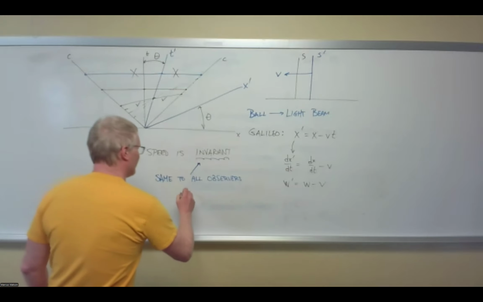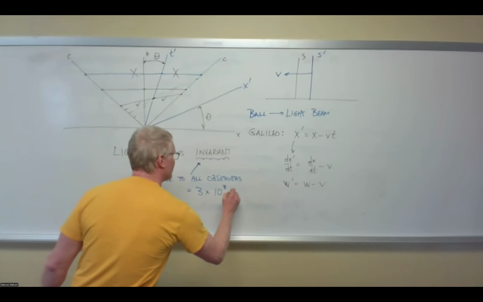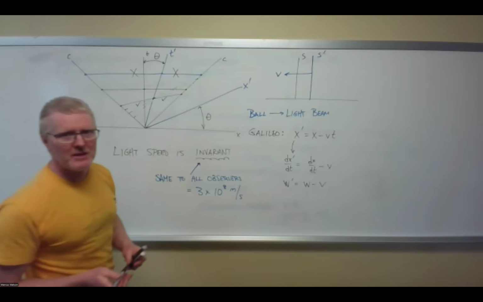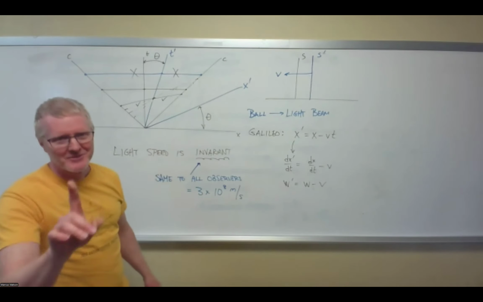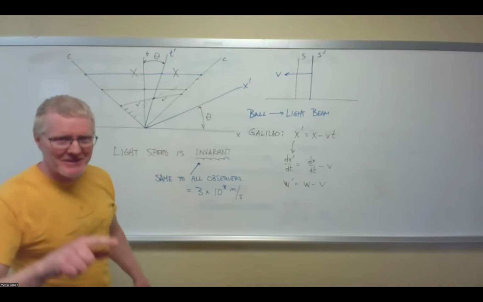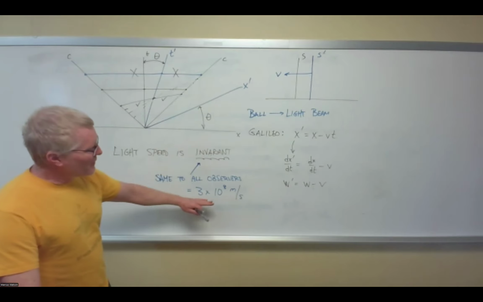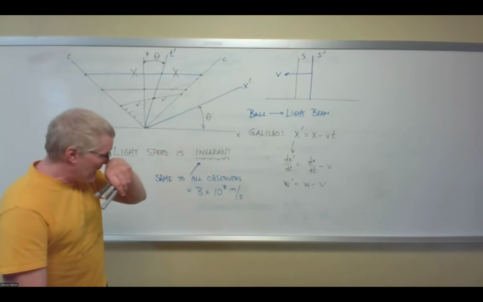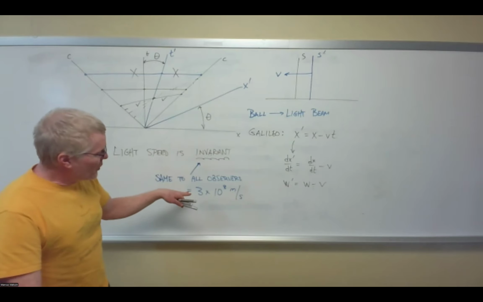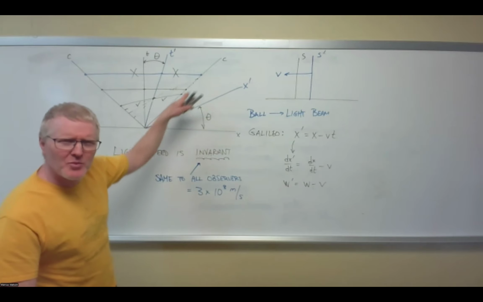Speed of light in SI units, we're going to say it's about equal to this. 300 million meters per second. It's a little bit less than this, but nonetheless, we'll just round it to that. So why did I draw it way up here?